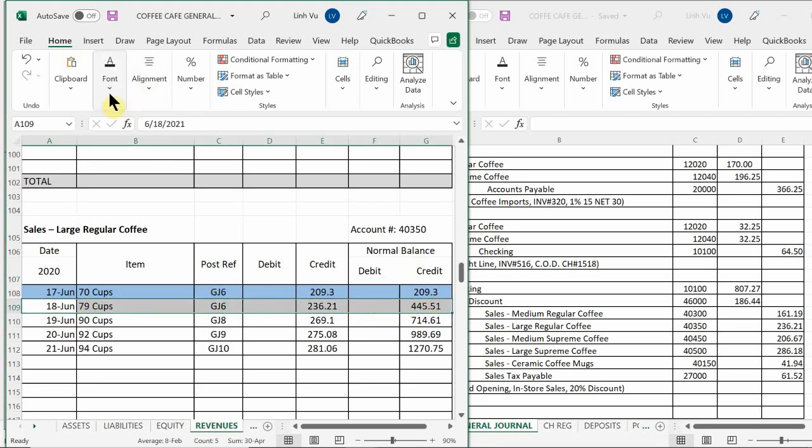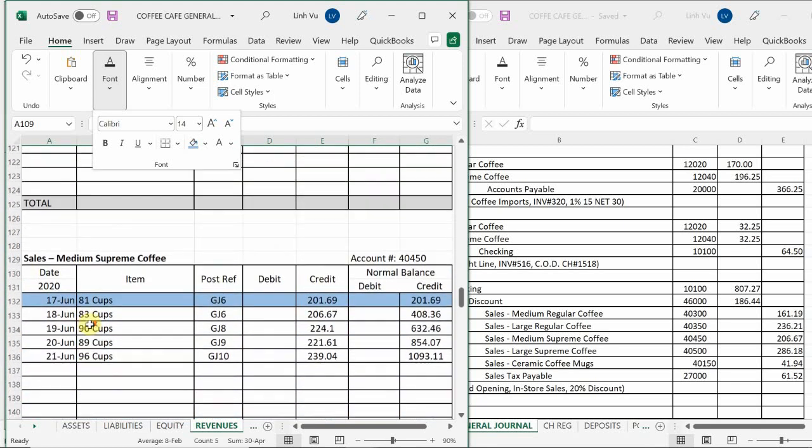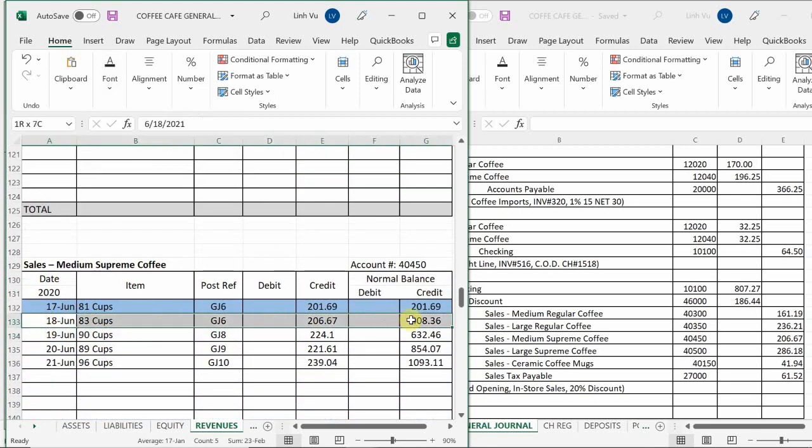So that's correct here. We have this one for 206. Correct here.